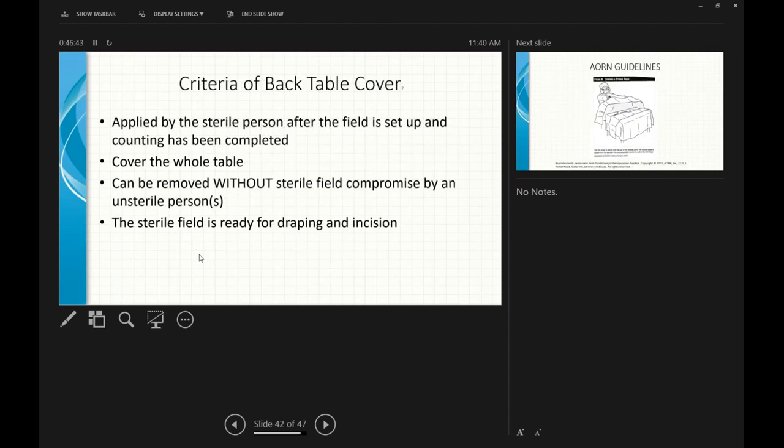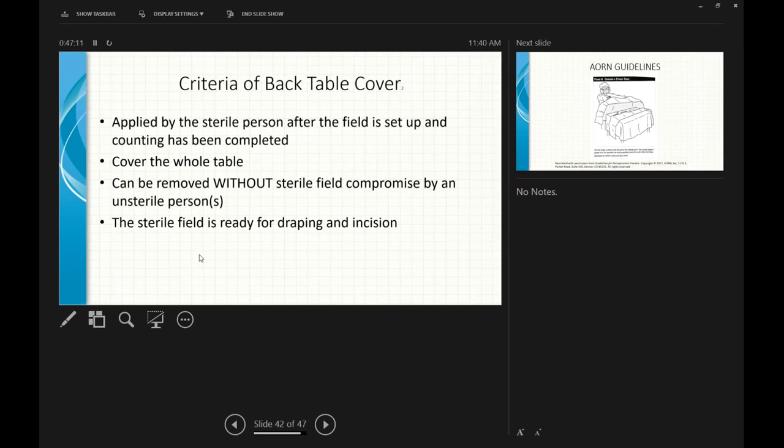Very time consuming. So if you can cover that back table to help keep it clean, certain criteria have to be met. It needs to be applied by the sterile person after the field is set up and the counting is completed. So everything's done so it can be covered. It needs to cover the whole table.